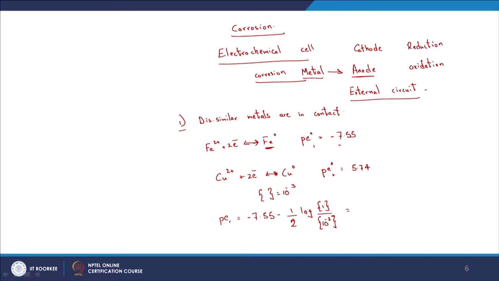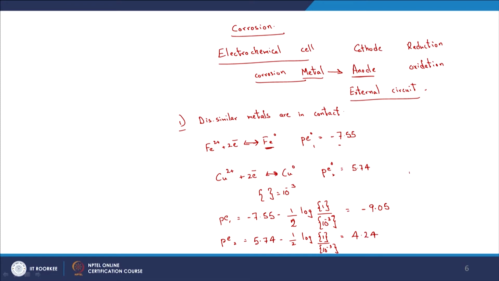So that's 1.5, and that's equal to minus 9.05. And then pe2 is going to be equal to 5.74, the pe0, minus 1 by 2 times log of 1 again, because it's a pure metal, divided by 10 power minus 3. So again 1.5, 5.74 minus 1.5, so it's 4.24.